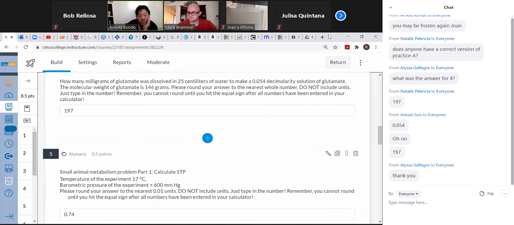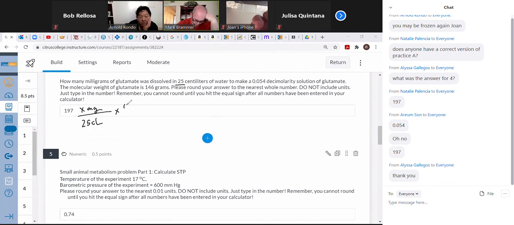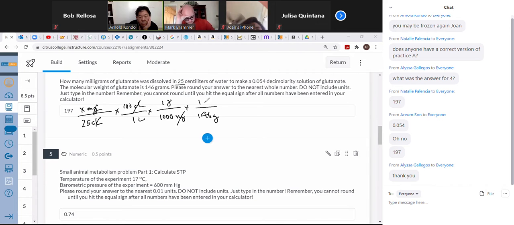Okay, yeah. So in this case, I won't go step by step, but the whole idea is we're solving for, again, X milligrams over 25 centiliters of water, 100 centiliters to 1 liter, 1,000 milligrams to 1 gram, 146 grams to 1 mole, decimolarity 10 decimals to 1 mole.